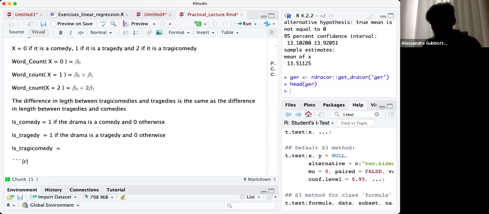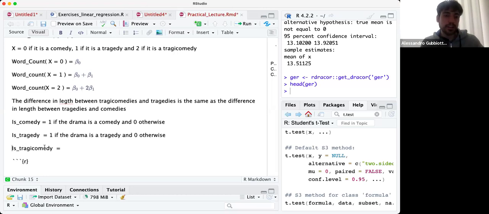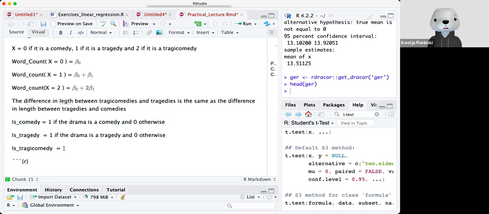But the point is that this variable is determined by these two variables.